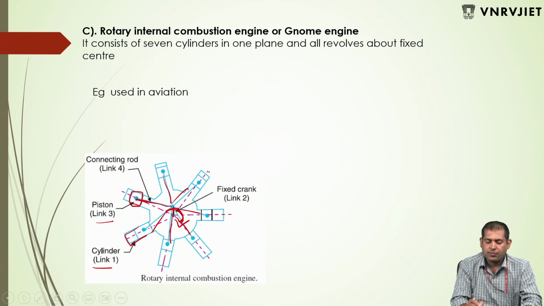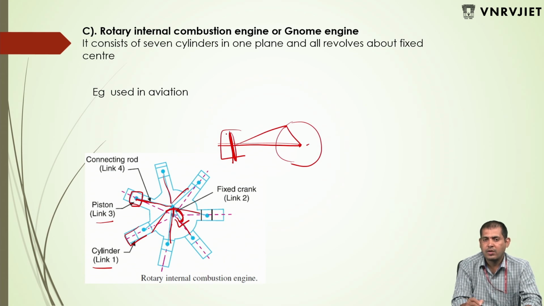This type of engine is used for aviation purposes. Where high speed is required, we can use this kind of Gnome engine. Or if you want to reduce vibrations, for example, consider this IC engine mechanism with a piston in a cylinder. With each rotation of the piston, inertia forces are produced and there are some vibrations.